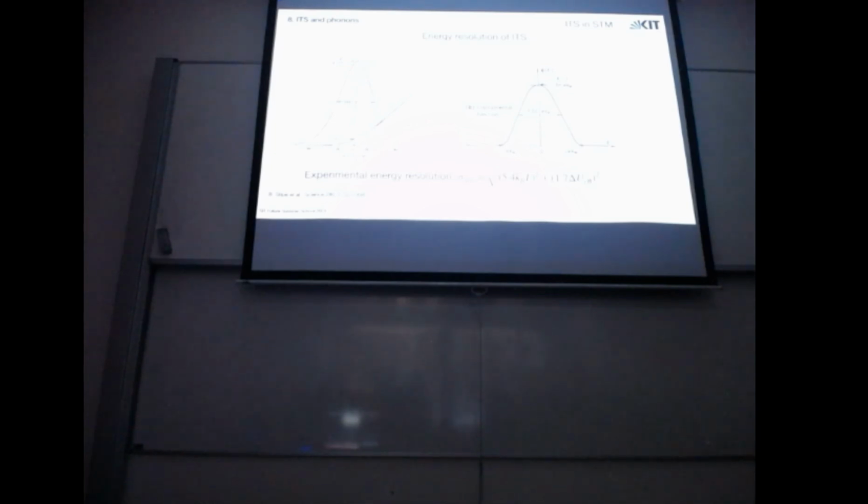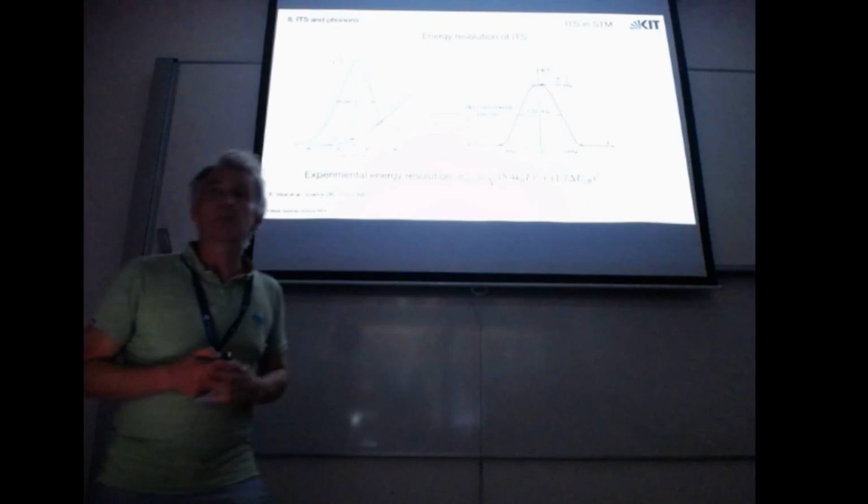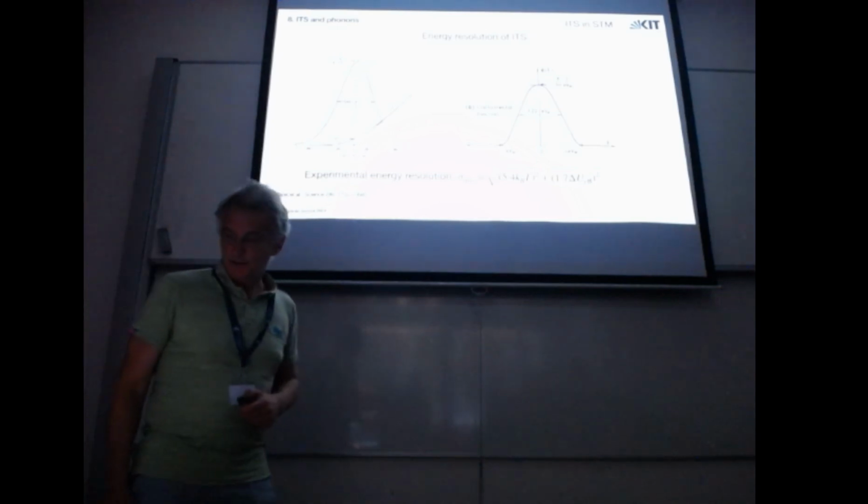Elastic is 3.4, if I remember, 6 kBT, if I remember correctly. And also the modulation enters. This is the second harmonic now in the lock-in. And we also have a different effect here. So that means the energy resolution is a little bit worse than in elastic tunneling.